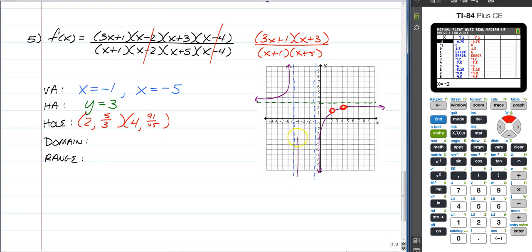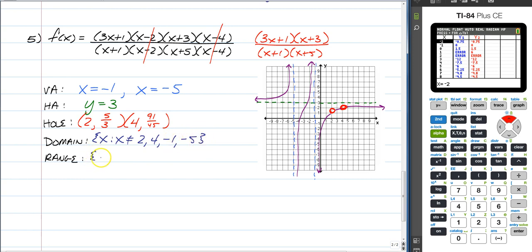Now, the weird part is in the middle. If you type that in your graphing calculator, you notice that you had something go all the way through, and that's where this whole thing of the range pops in. So our domain is always going to follow the rule. The rule is, again, x cannot equal any x coordinates of holes, 2 and 4, or any vertical asymptotes, negative 1 and negative 5.